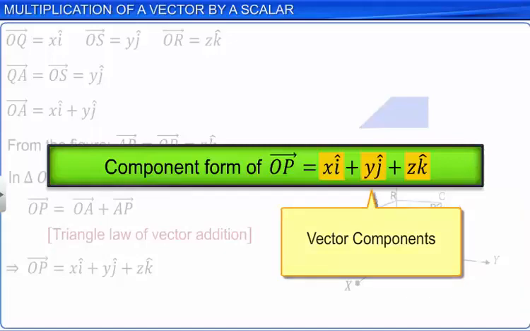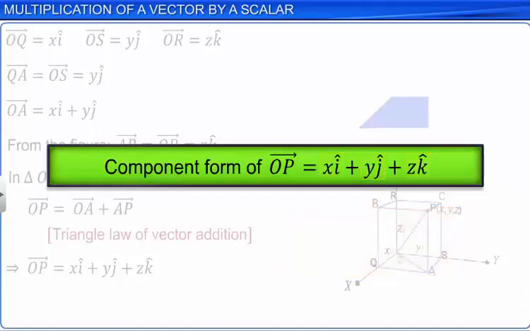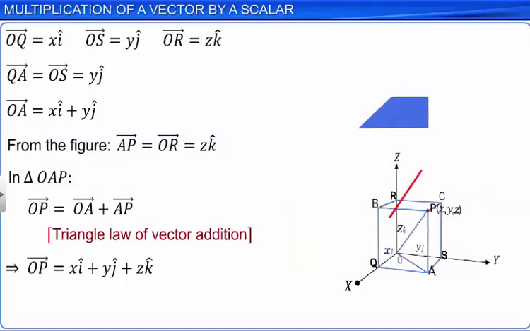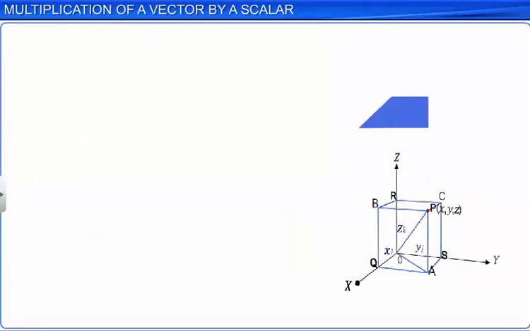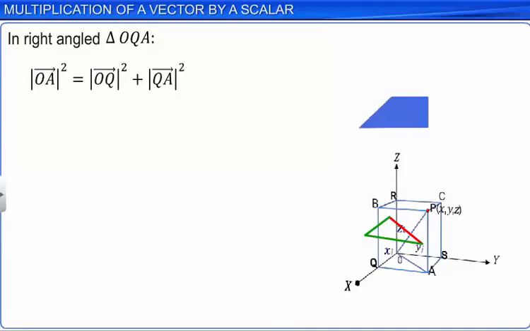Now, let us find the magnitude of vector OP. In right-angled triangle OQA, the square of the length of the hypotenuse OA is equal to the sum of the squares of the lengths of sides OQ and QA. That is, modulus OA squared is equal to x squared plus y squared.